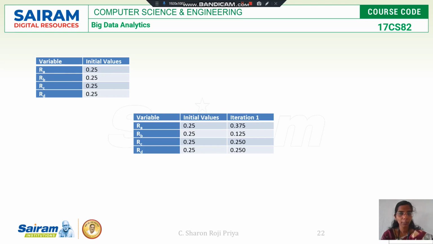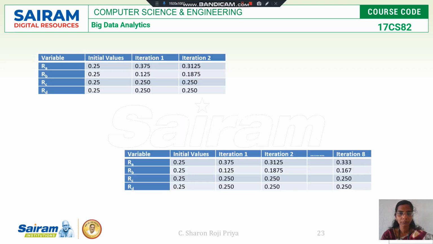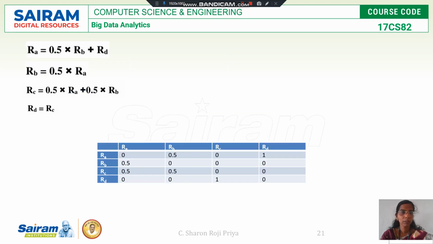Now coming to the first iteration, for these RA, RB, RC, RD values, I have to use this 0.25 in my equation. Previously I got some equations.